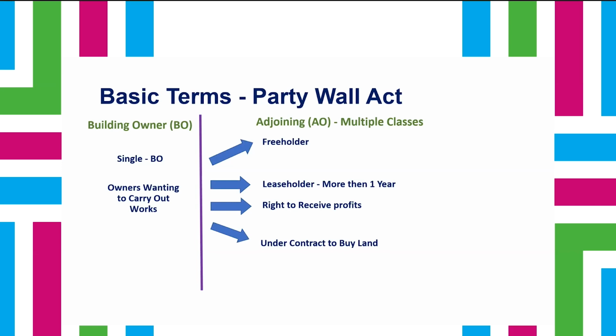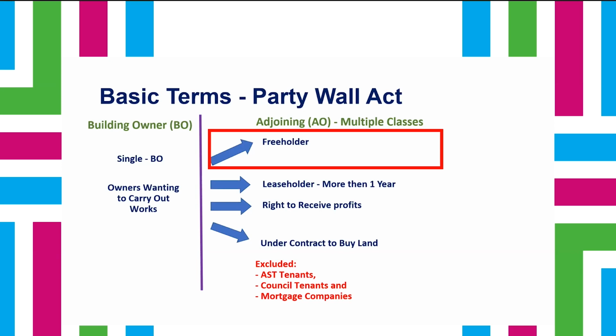And if you exchange on a property, you're contracted to buy land, you're also one of the notifiable owners. It doesn't apply to short tenants, council tenants, and mortgage companies. So you don't have to give those guys notice, just to make you aware. The one you want to focus on is freeholder, and keep it simple. I usually just talk about the freeholders.